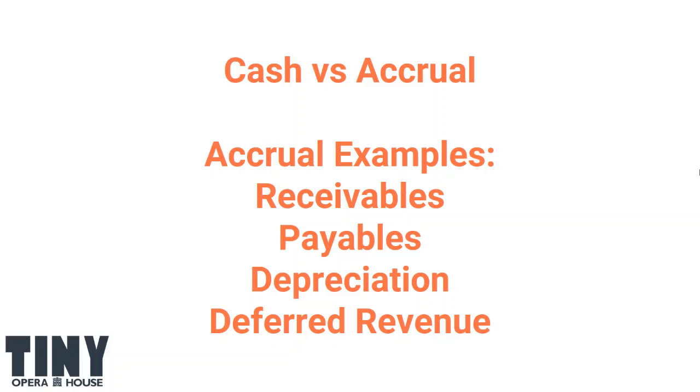There's also things like depreciation. This is the concept where if you buy, say you buy a truck for the business, you're going to use that truck over a period of time. Depreciation, again, in the accrual sense, says that the expense of that truck should happen over time the same way that you use the truck over time.